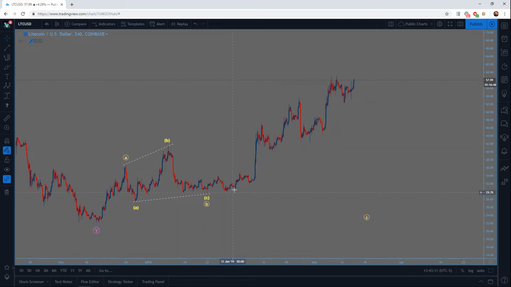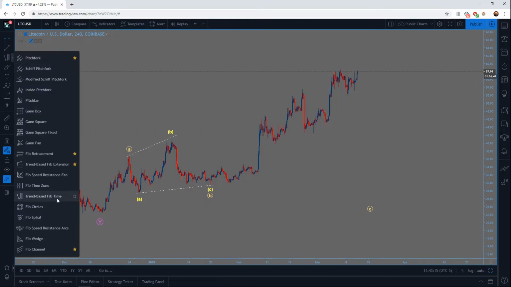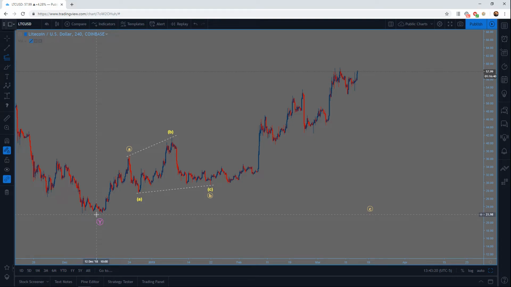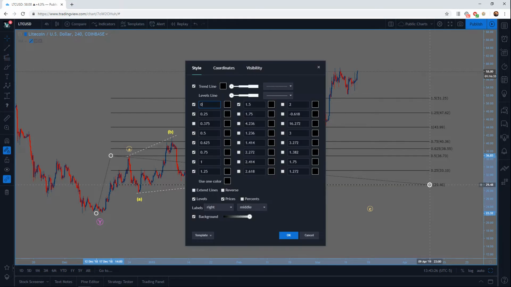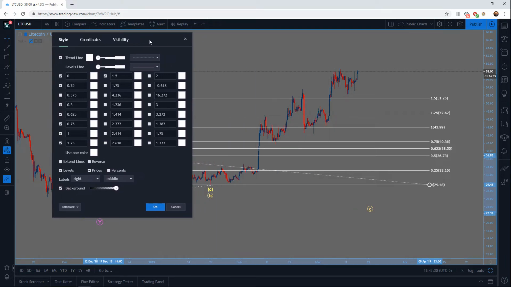So from there, we've had a massive move up. In terms of price, let's take log off. Okay, it's already off. In terms of price, we have already covered 2 times as much ground as the initial impulse.